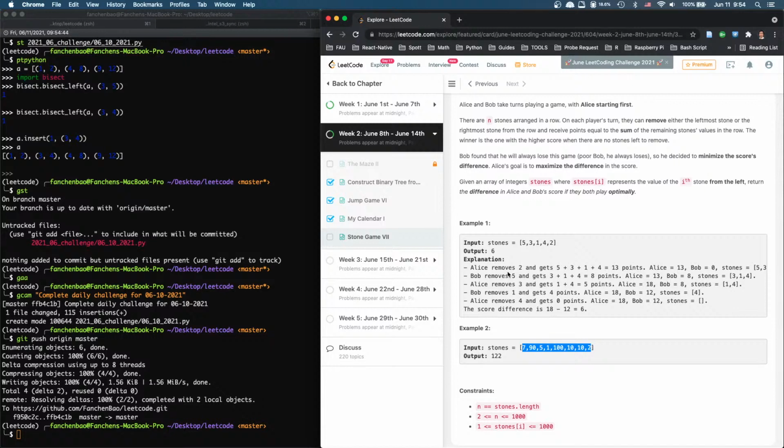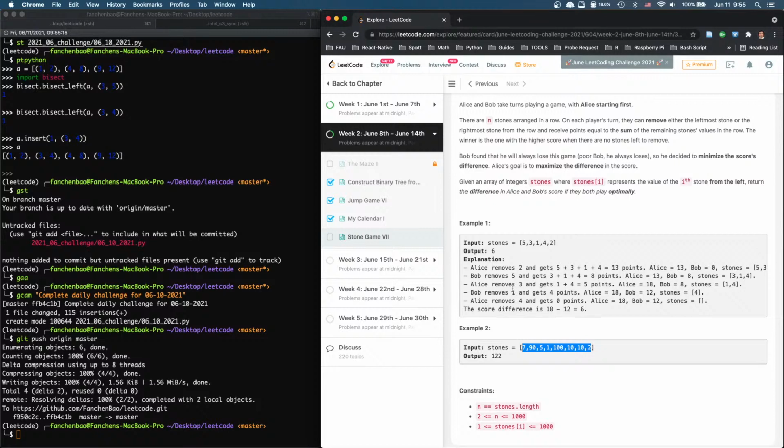No matter what she chooses to remove, the remaining is the sum, and Bob has to remove anyone. So each time, Alice is going to get something more than Bob. That's why Bob always loses. And even or odd doesn't matter, because if it's an even number, Bob's last is going to be 0.